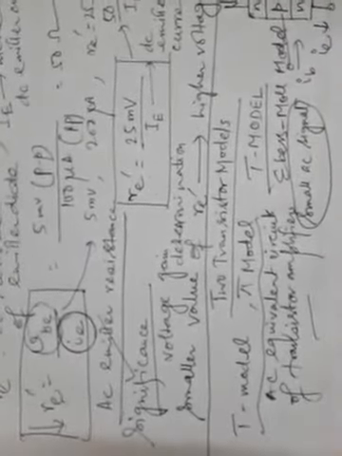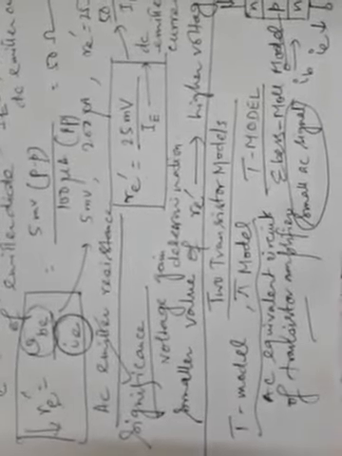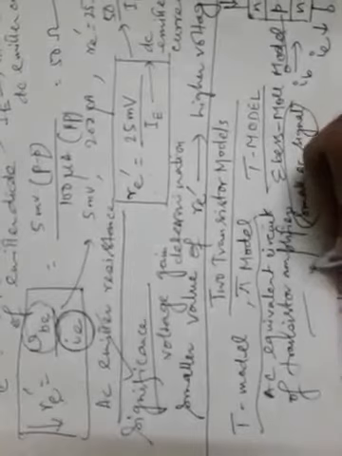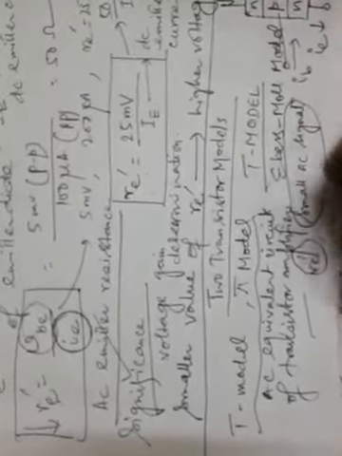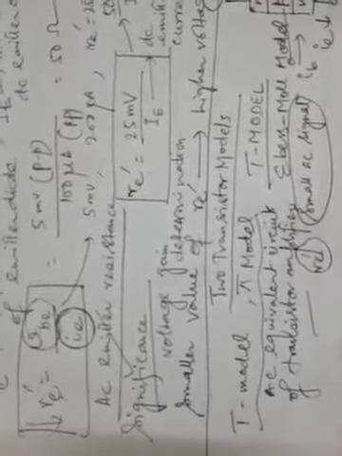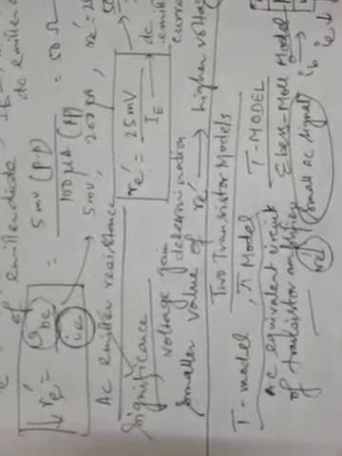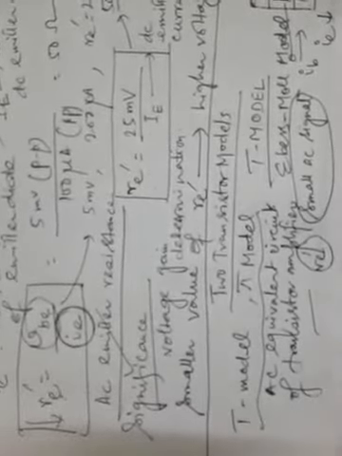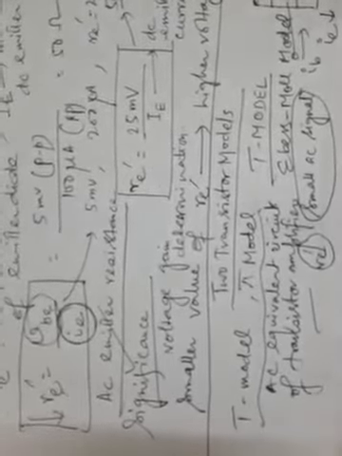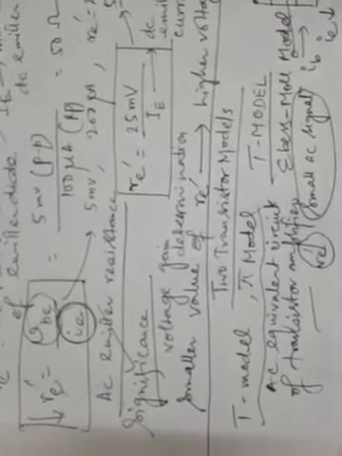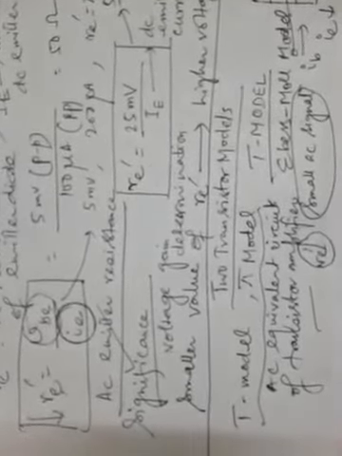The emitter diode of a transistor acts like an AC resistance, which is RE dash. I have discussed RE dash, the AC emitter resistance, in my previous lecture, and you know what RE dash is. If we consider the base emitter junction as the diode of the transistor, it will act like an AC resistance RE dash.